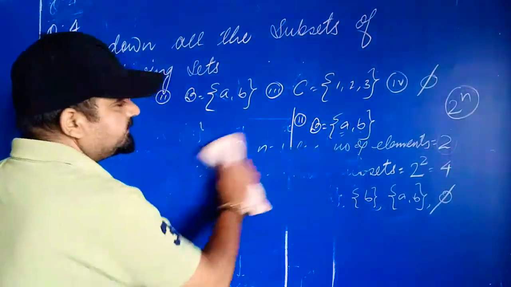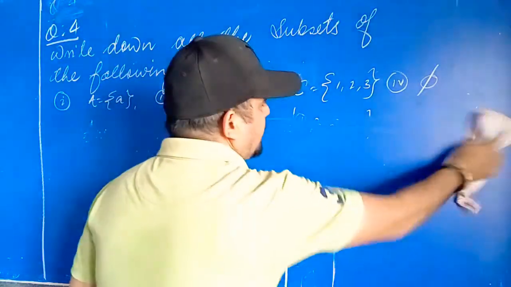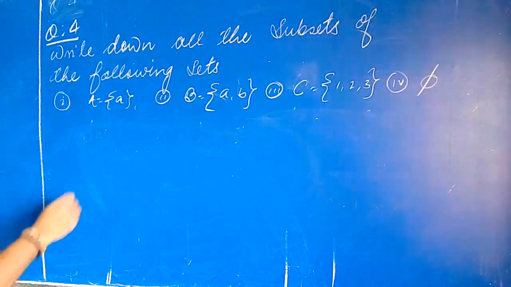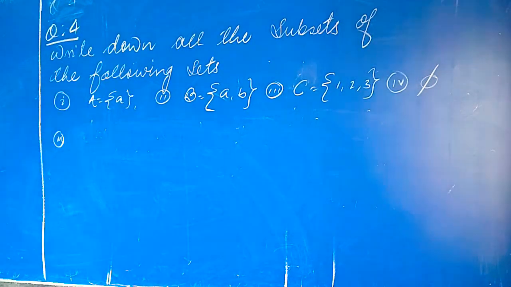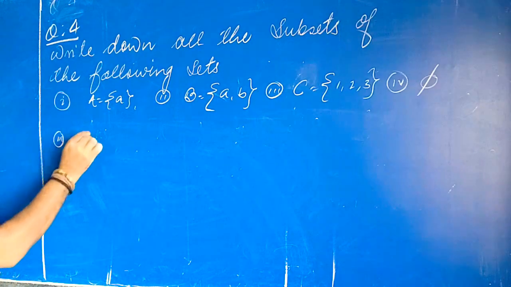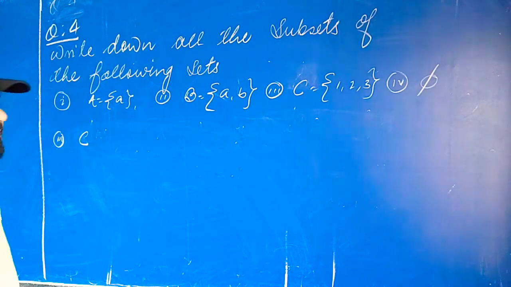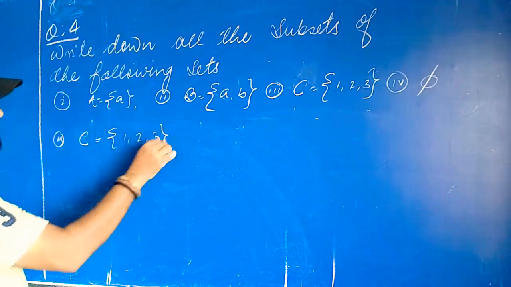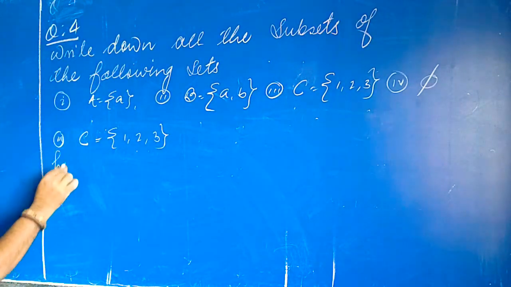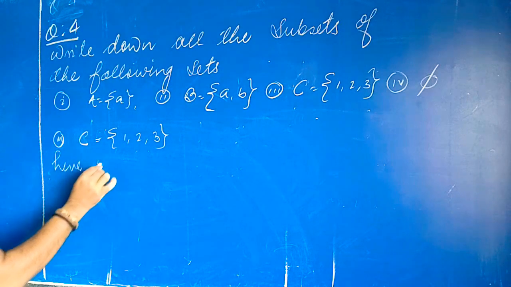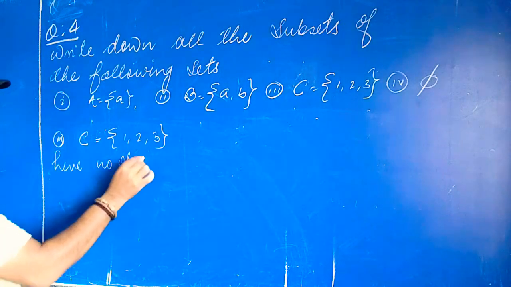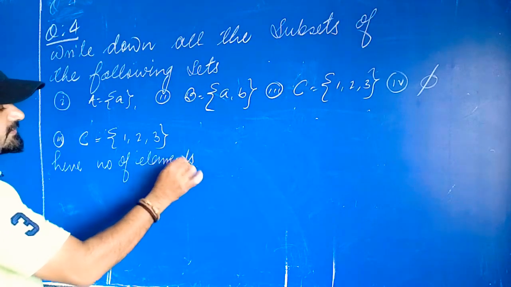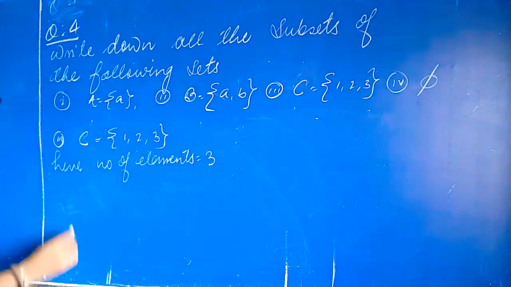Now Roman number 3. Roman number 3 is set C. Okay, and what is set C? It's 1, 2 and 3. Alright, here number of elements is equal to 3.